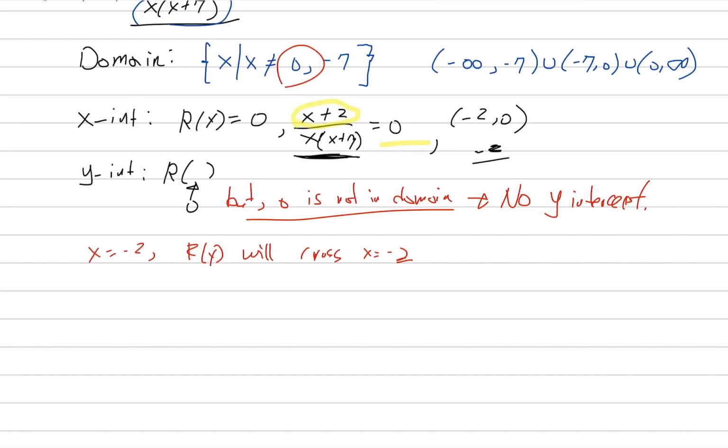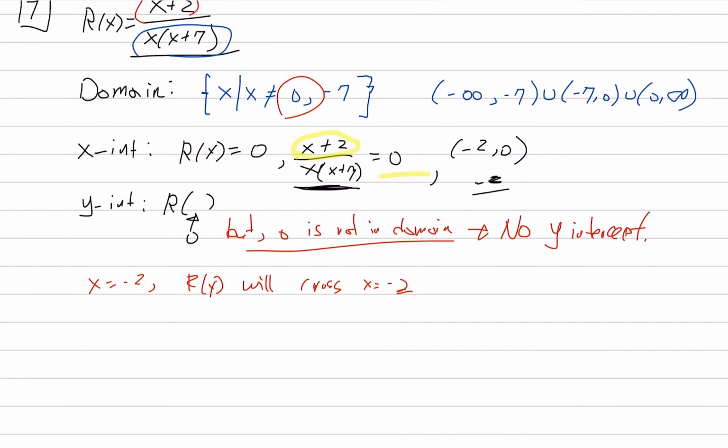If one exists, select the correct choice below and again fill in the blank. So for vertical asymptotes, we have two of them, x equals 0 and x equals negative 7 from here, right?